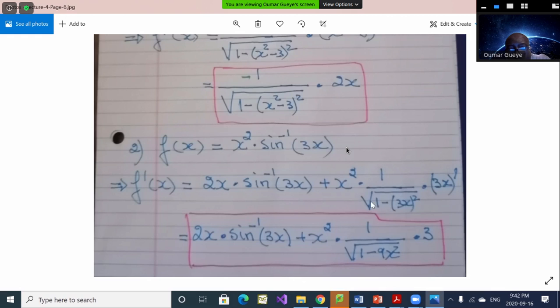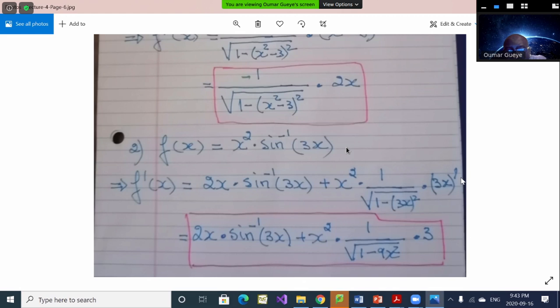And you will get 1 over square root of 1 minus (3x) squared. You already have the formula number 1. Just take this formula number 1 and substitute your x by 3x, and you will get this second factor here. Times now, as I told you, the derivative of the inner function, which is exactly what the chain rule says.